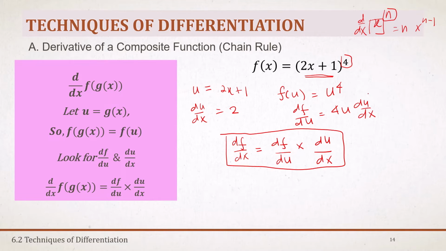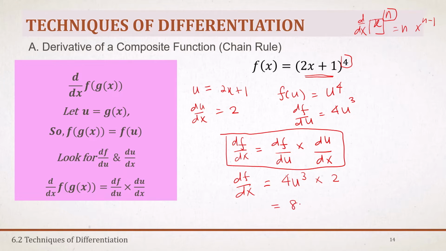Now maybe you ask, why is it 4u, sorry, this is for u to the power of 3, so df/du is 4u to the power of 3. And then what is the next thing you want to do is df/dx. So df/du is 4u to the power of 3, multiplied with 2.